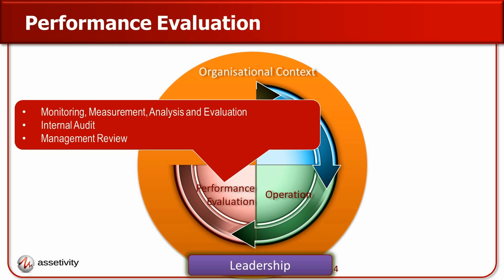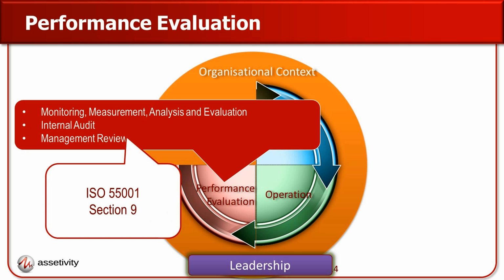And also a requirement around a periodic management review of the whole asset management system to make sure that it is actually achieving what it's intended to achieve, and does the asset management system as a whole need to be improved or realigned. That's covered under Section 9 of ISO 55001.